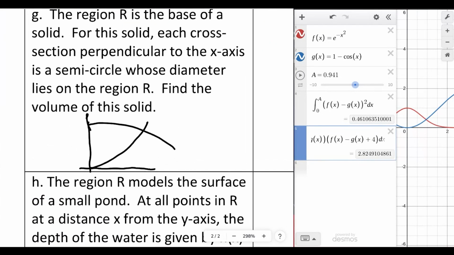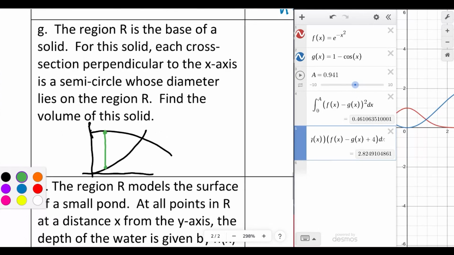So if we've got a semicircle, then basically the diameter is going to be that distance between f and g. And then that is the diameter of your semicircle. So your semicircle's kind of going into the page like this, and you've got a bunch of these little ones.